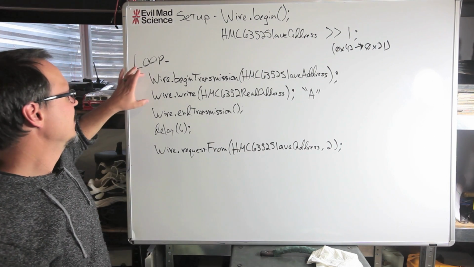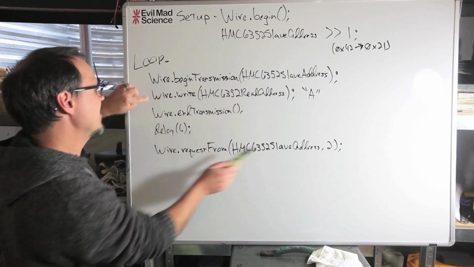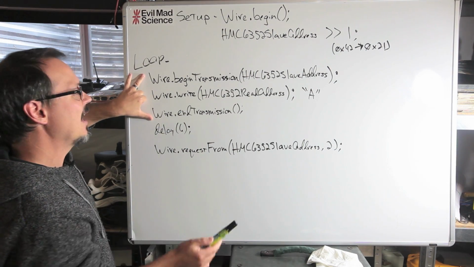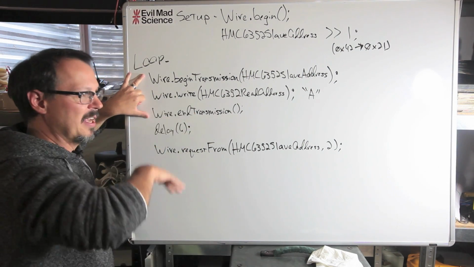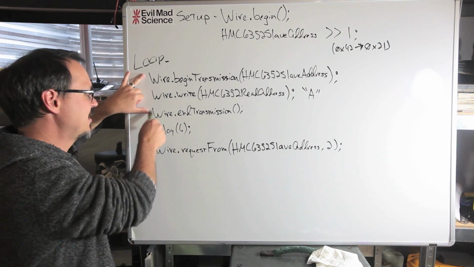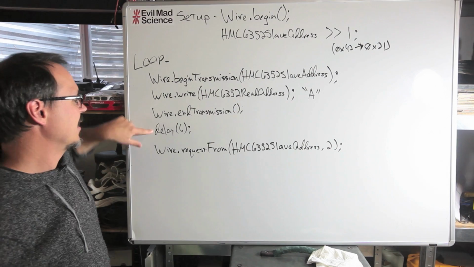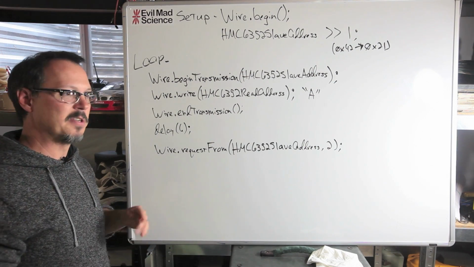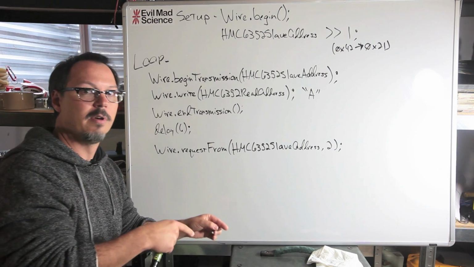So begin transmission, write the A command, and then end transmission. What this does is take heading data and put it in the right location for the next step, which just reads it out of the part. And then a delay of 6 milliseconds. Again, the data sheet says it takes this much time to load all that into the right read address.